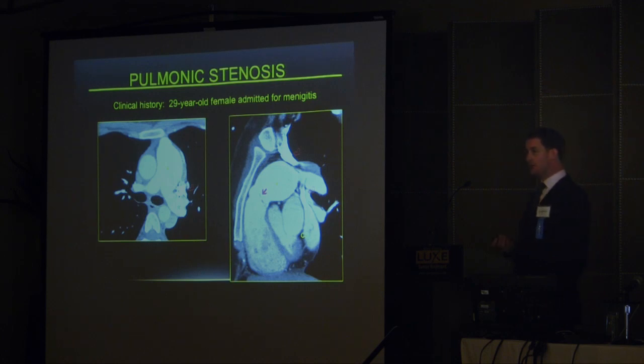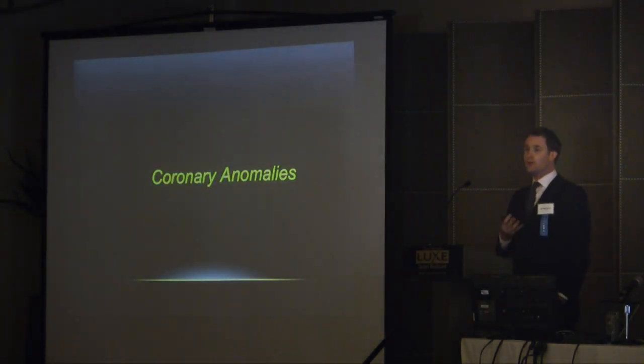So if you're planning to put in a Melody valve, this allows you as a one-stop shop for full evaluation. But I think you're able to do all that with MR and with echo, where maybe CT has the improved resolution to help your patients at the moment is looking at coronaries.